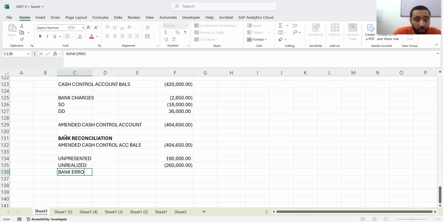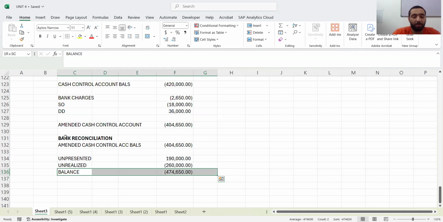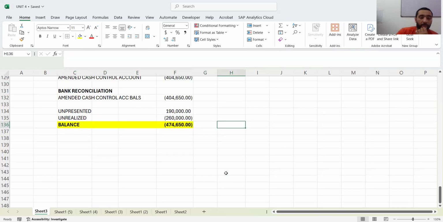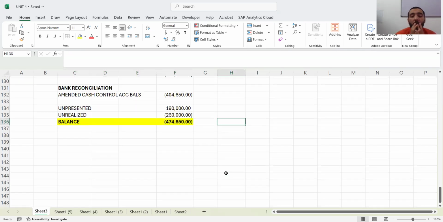You are not going to adjust this. Why? You have not adjusted this in the cash book. You are not going to do anything. Very simple. This is the final answer balance. Did you all understand? Is there any doubt?